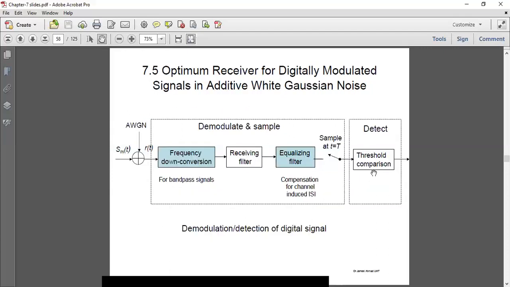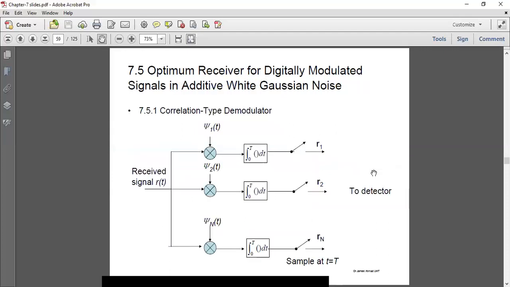As I mentioned, there are two types of demodulator, and one is called the correlation type demodulator. This is its structure. The received signal is correlated with different basis functions phi1, phi2, up to phi-n. Then it is integrated and then sampled, so we have R1, R2, up to Rn. We sample at time t equal to capital T, which is the duration of our symbol.